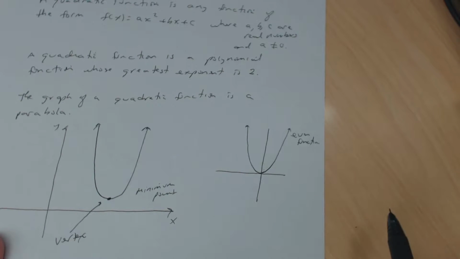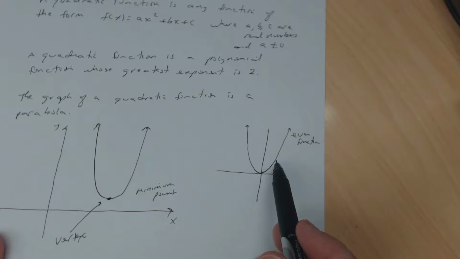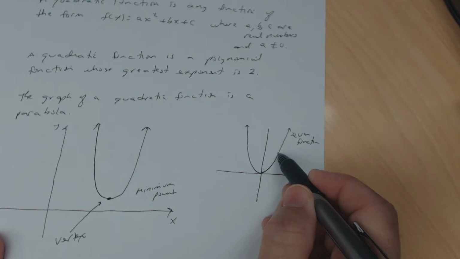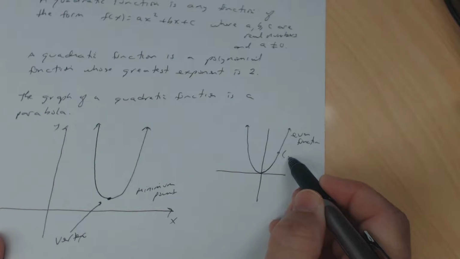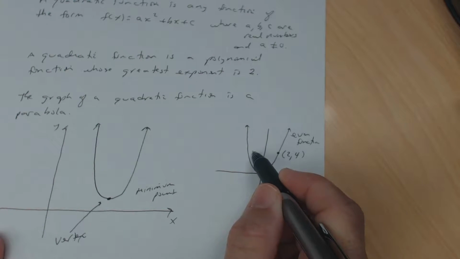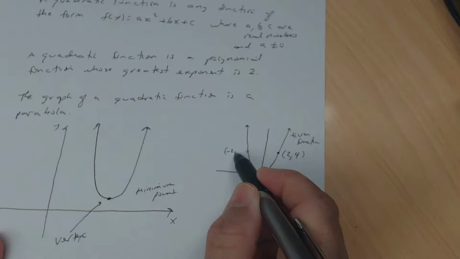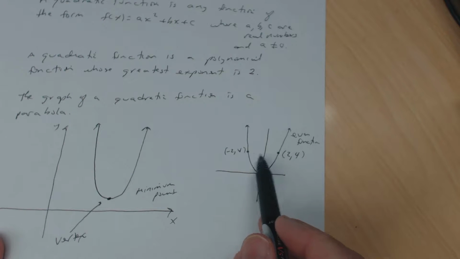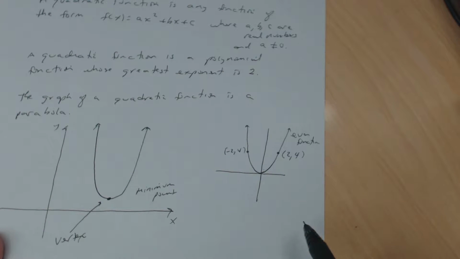Remember that? That's an even function, because if you take this part and fold it about the y-axis, you'll get this part back. So if this is the point, let's say, 2, 4, then this would be the point negative 2, 4. So remember, in an even function, the y-coordinates are the same, and the x-coordinates are opposites of each other.